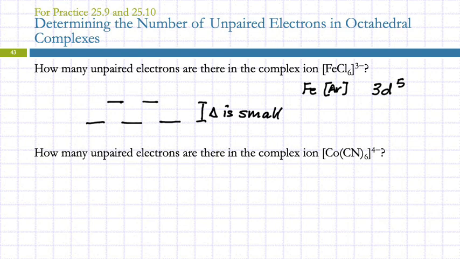I guess you could call it an orbital diagram of sorts. So 1 electron, 2 electrons, 3 electrons. Where's the 4th electron going to go? It's going to go up because it's just a little bit of difference.